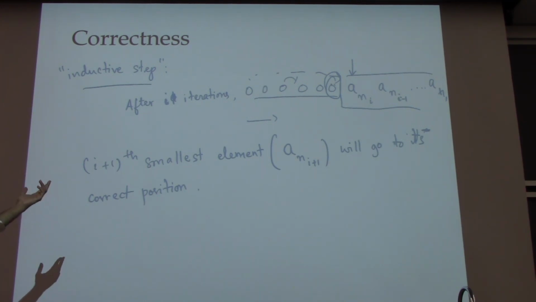So this is what the ith iteration will do. It might do other swaps, mind you, but this definitely will happen. And this is all we are claiming. And this means that the (i+1)th largest onwards are in their right position.